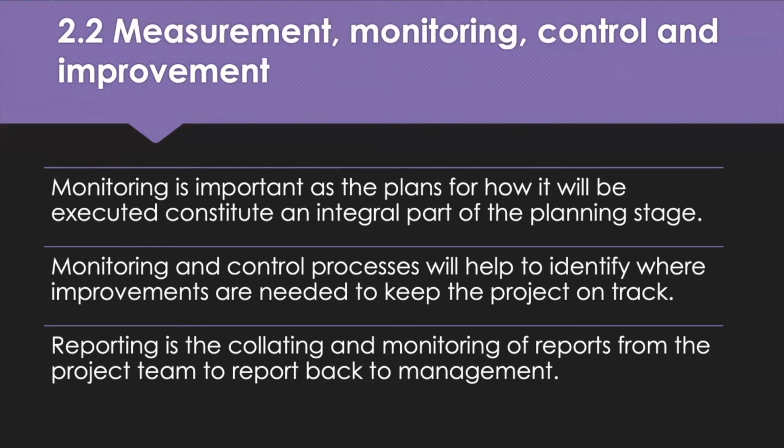Now, project monitoring and control systems. The monitoring is important as the plan of how it will be executed constitutes an integral part of the planning stage. And the monitoring and control process will help to identify where improvements are needed to keep the project on track. And reporting is the collating and monitoring of reports from the project team to report back to management.